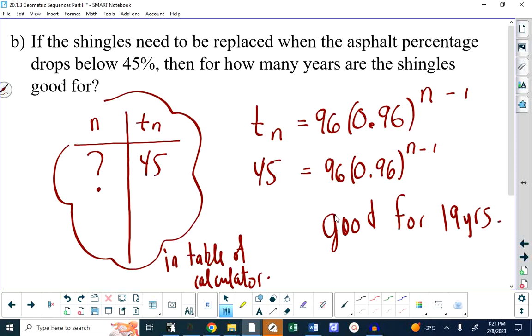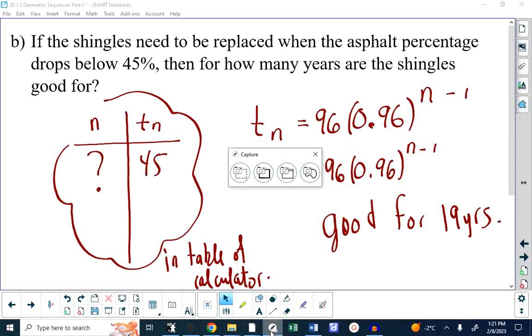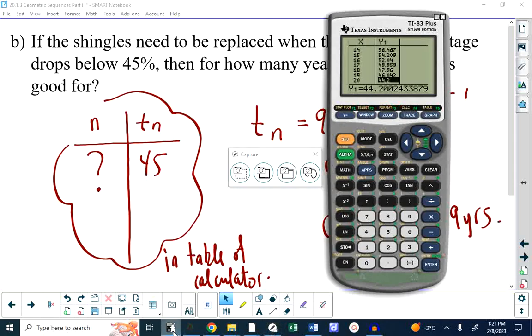The nice thing about the geometric is, because you don't really understand the math involved in finding exponents, you just use your calculator. By the way, if you didn't want to scroll, you go to your table setup, and you can change independent, which is x, to ask.